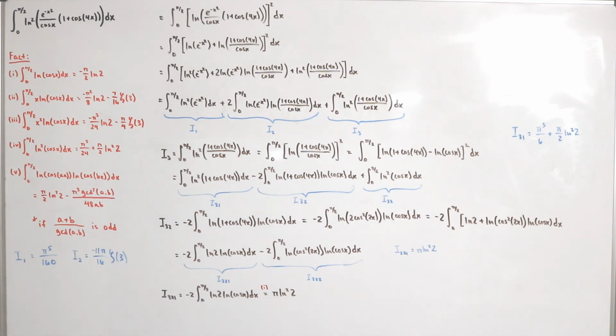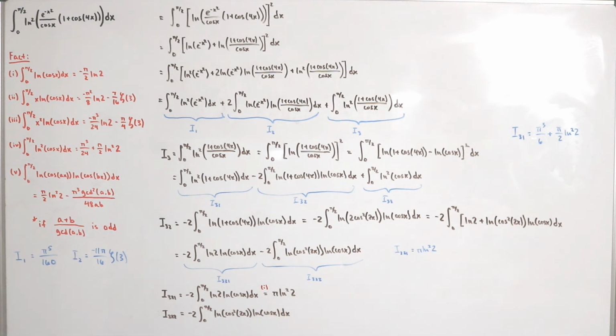Okay. Now we have to calculate our I sub 3, 2, 2. I sub 3, 2, 2 is equal to negative 2 times the integral from 0 to pi over 2 of ln of cosine squared 2x, and then multiply by ln of cosine x dx. Okay.